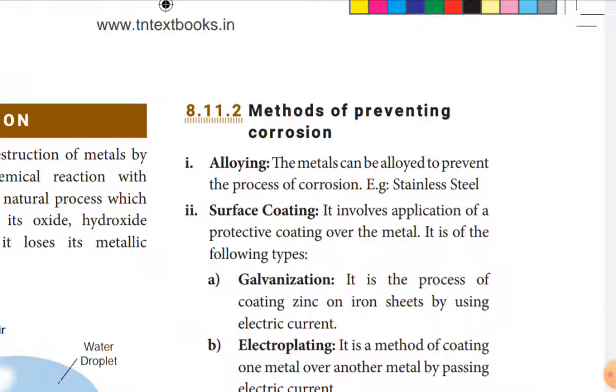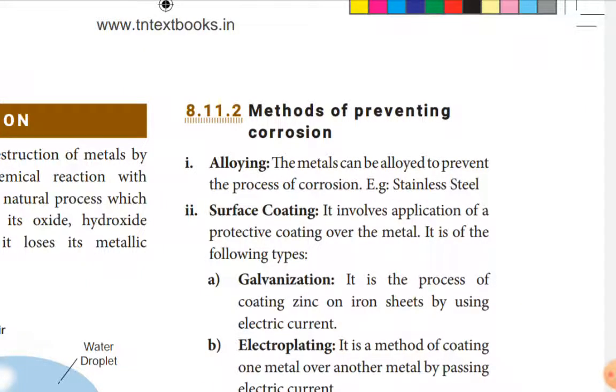First one, alloying. Alloying is the best method to prevent corrosion. So the metals can be alloyed to prevent the process of corrosion. Example, stainless steel. Stainless steel we use in our houses in the form of vessels, tumbler, glass, plate. These things do not corrode easily because they are alloyed.